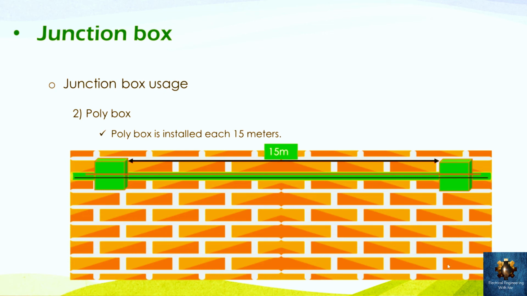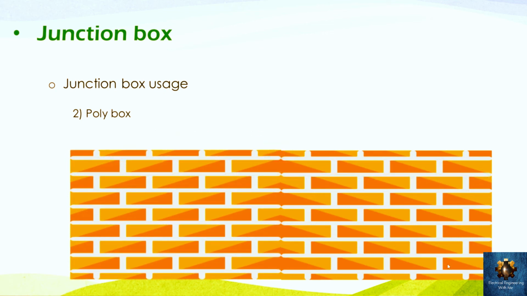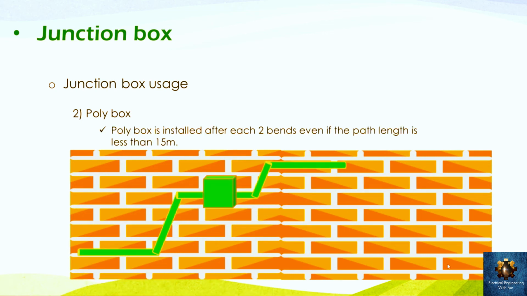But you know, the pull box is not installed only every 15 meters; we may insert a pull box after a distance which can be less than 15 meters. This is the case when there are some bends in the conduits passing through the wall. The wires in that case are not going directly in a straight way, but may have some bends along their path.